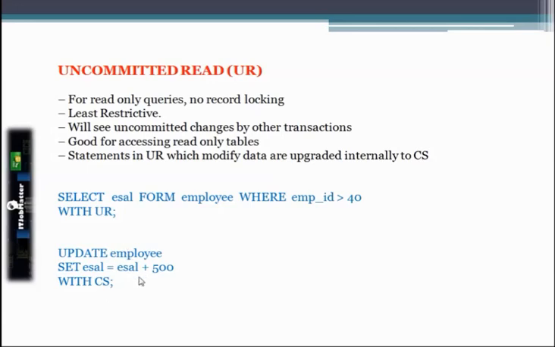If you run this query at the same time when this is updating, you will be able to get the employee salary increased by 500 as well. Uncommitted read is used in scenarios where you want to take up-to-date, real-time statistics of the database without locking any resources or impacting any other transactions.